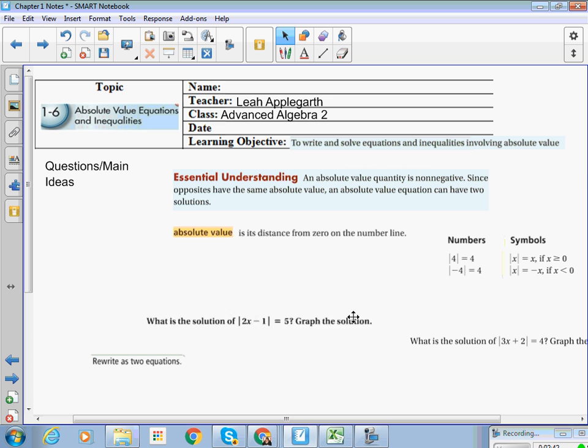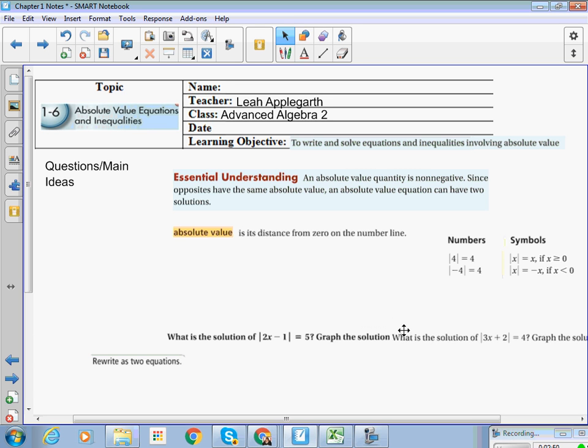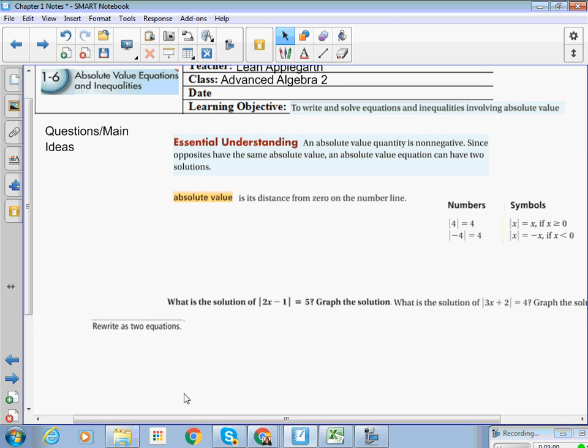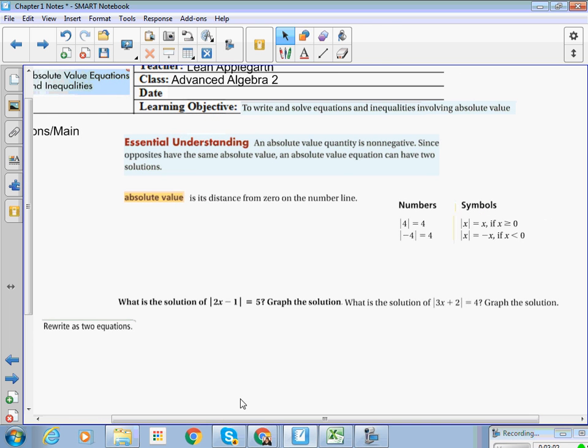All right. We are going to do 2 example problems, so I want you to write these both. I just write absolute value 2x minus 1 equals 5, and I don't write the other instructions because what we do is going to determine that we're solving it and graphing it.